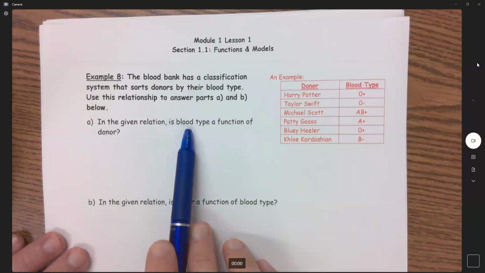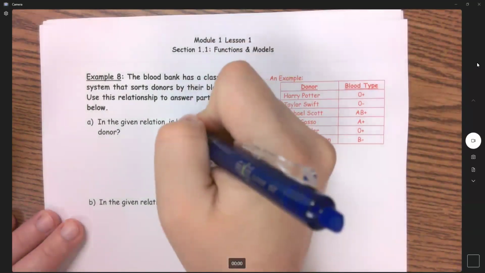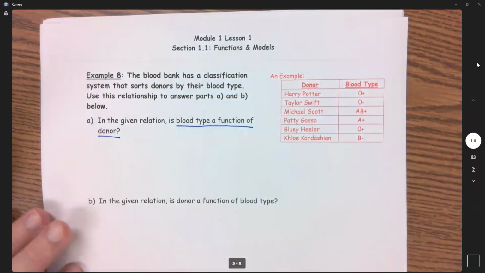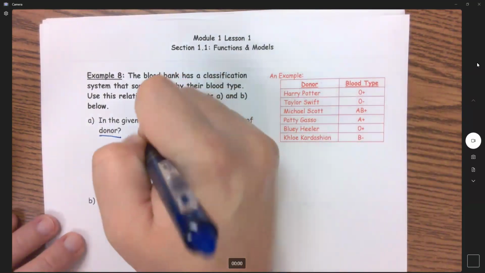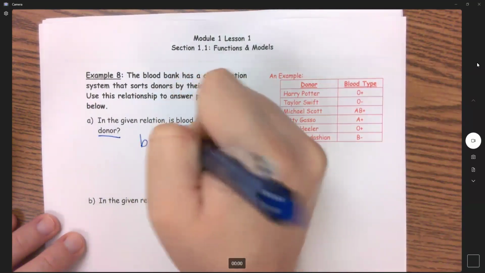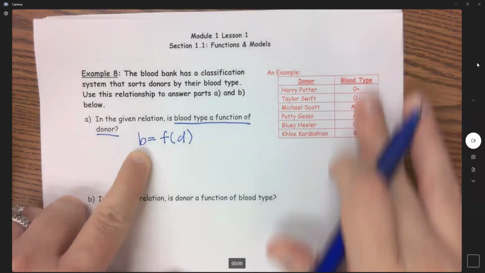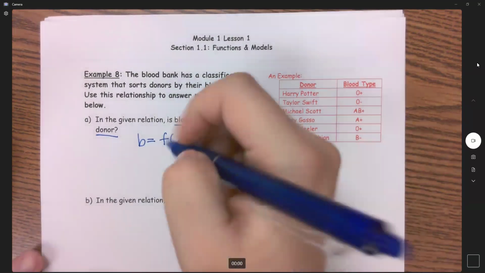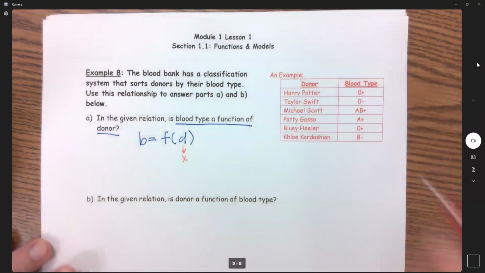So is blood type a function of donor? So I'm going to use abbreviations here. It wants to know, is blood type a function of donor? So blood equals F of D. Are my blood types here a function of my donors? So this is talking about my donors being my X value.